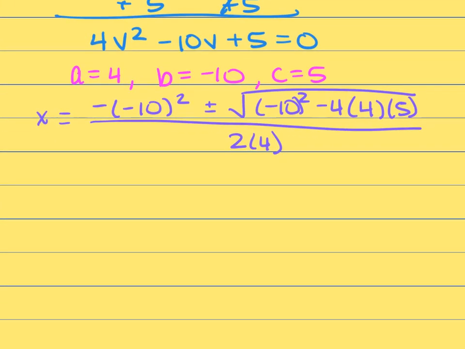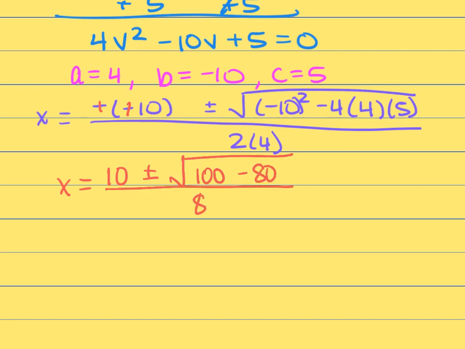So this is going to give us a positive 10. So x is equal to 10 plus or minus, why did I put a square there? That square does not belong there. Plus or minus the square root of 10 squared is 100, minus 4 times 4 is 16, times 5 gives us 80, all over 8.